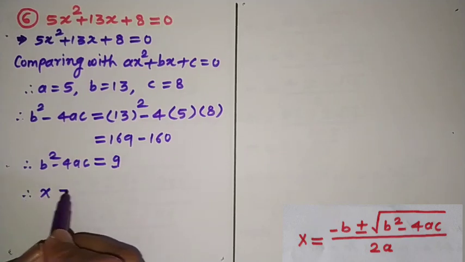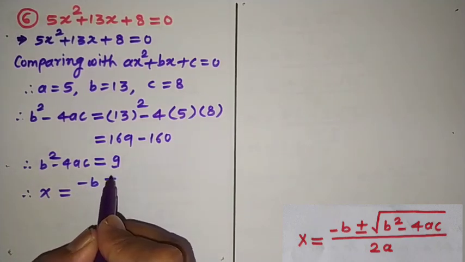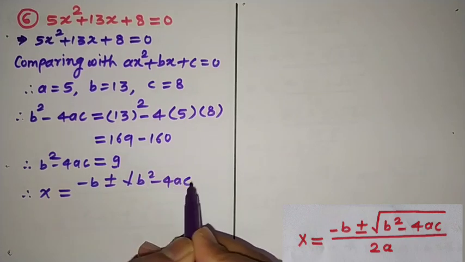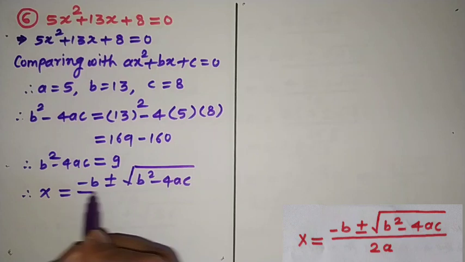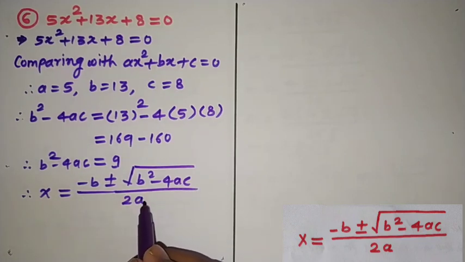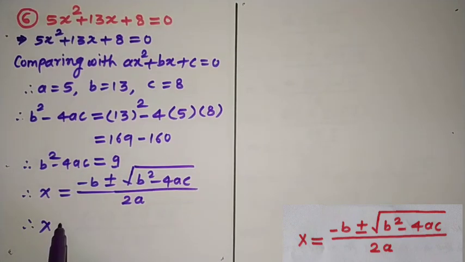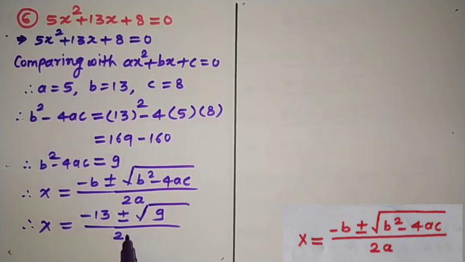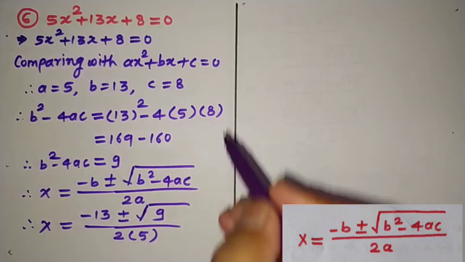Write down the formula. x is equal to minus b plus minus the square root of b square minus 4ac, upon 2a. x is equal to b is minus 13 plus minus the square root of 9 upon 2 into a is equal to 5.